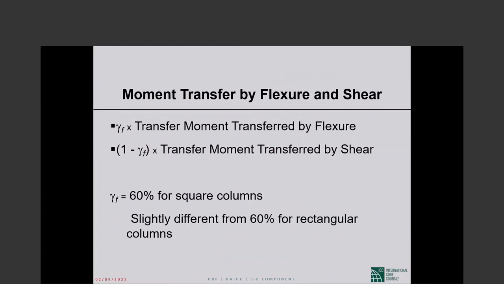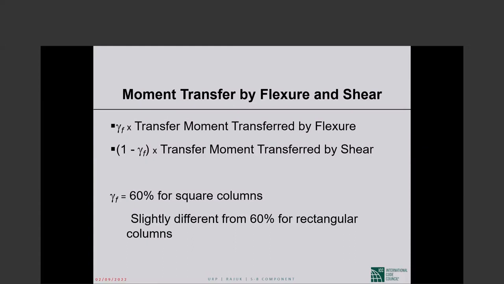All this discussion must be quite fresh in your mind. So gamma sub F times the unbalanced moment is transferred by flexure. 1 minus gamma sub F times the unbalanced moment is transferred by shear.